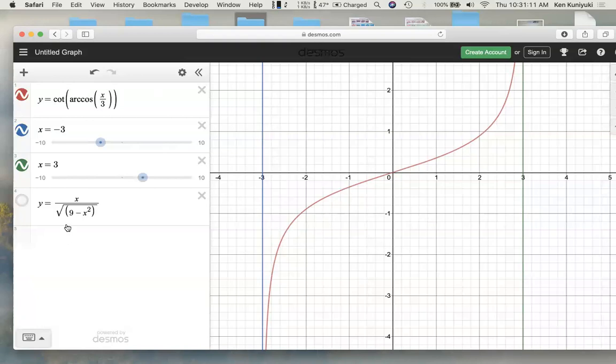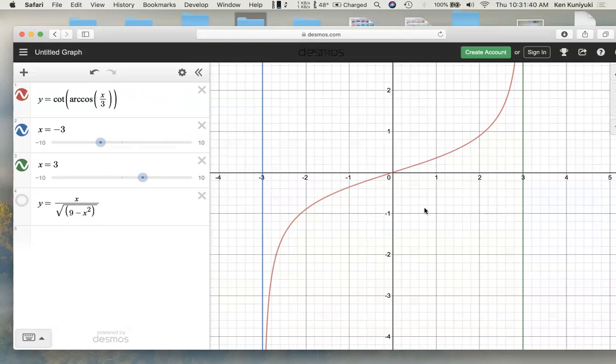Well, guess what? Look at this expression that we're claiming is equivalent to the given expression here. X over the square root of 9 minus x squared. Using the methods from chapter 2, section 2.7, the domain for this expression or function is, again, the open interval from -3 to 3. Notice that at x equals +3 or -3, we're going to end up with a 0 denominator.